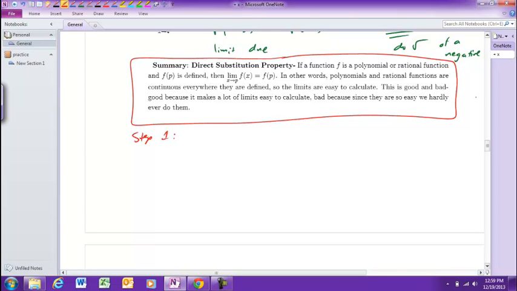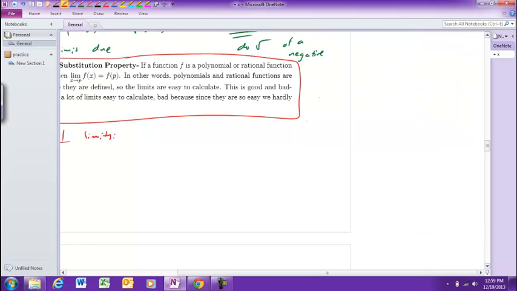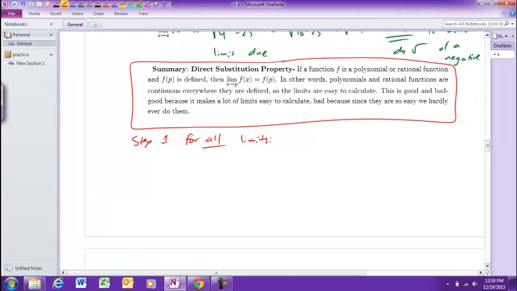Our step 1, I guess, for all limits is you first just try plugging in the number. And if it is defined, then that is your limit.